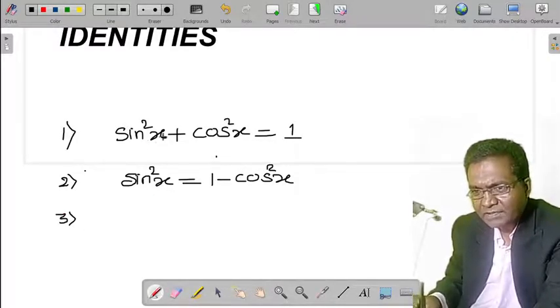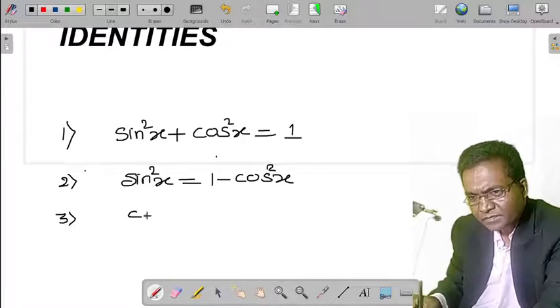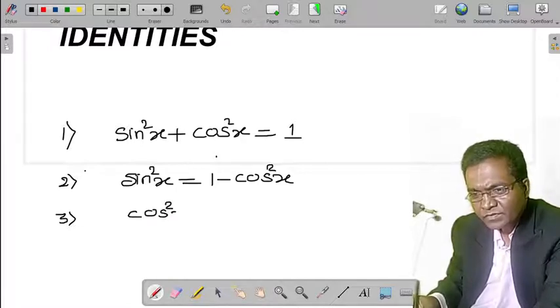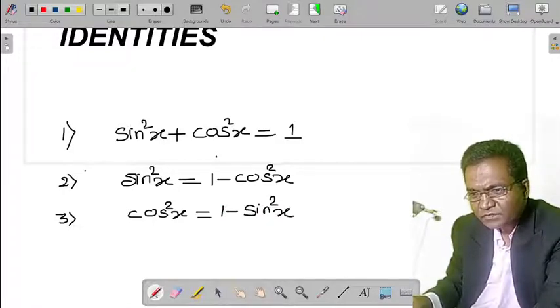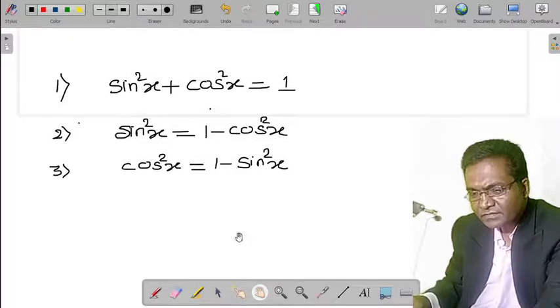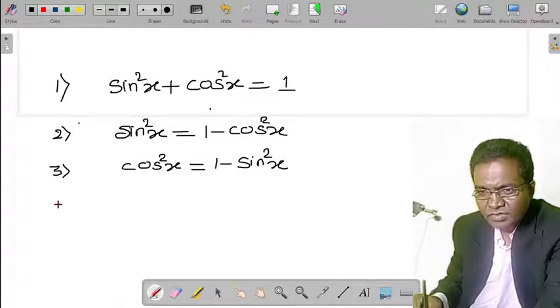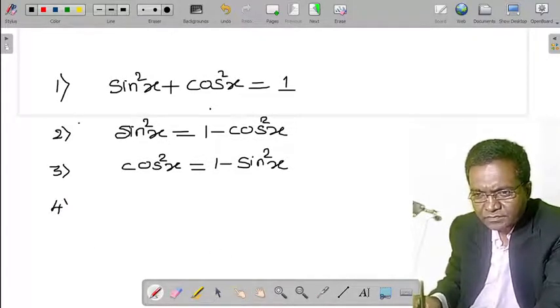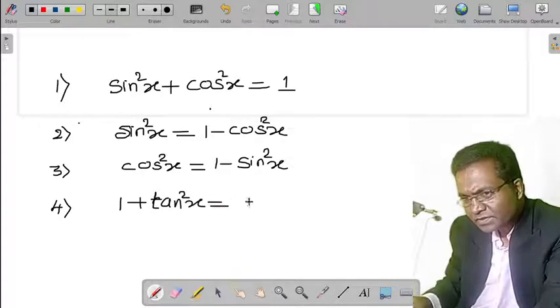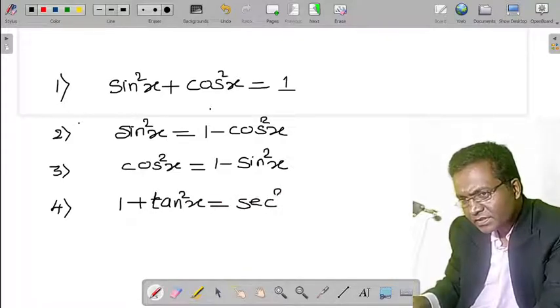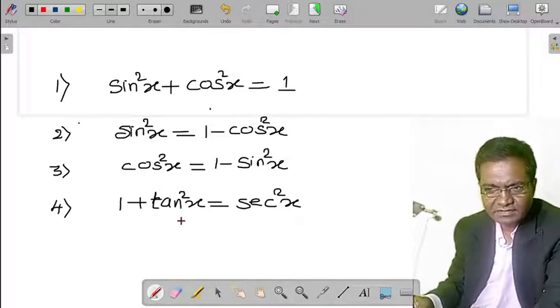Similarly, if you transfer this sin square to this side, cos square equals 1 minus sin square. Now see here, you also studied 1 plus tan square x equals secant square x.